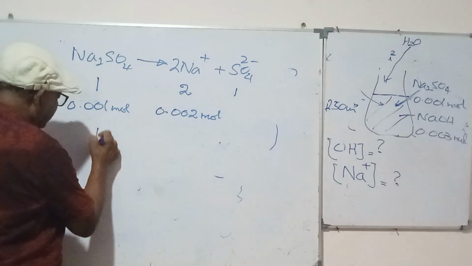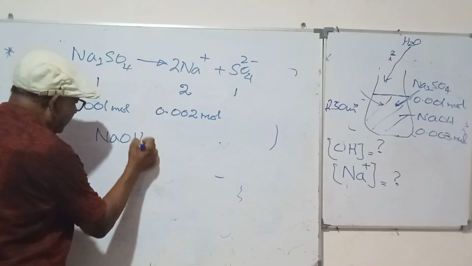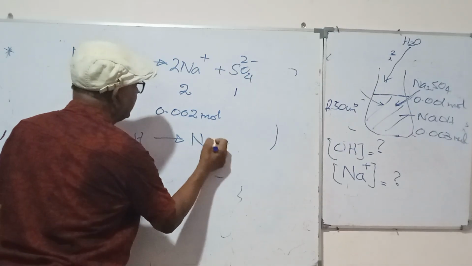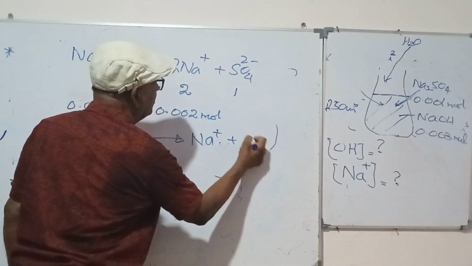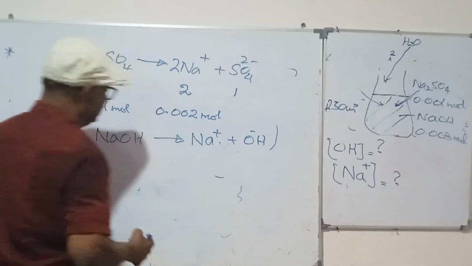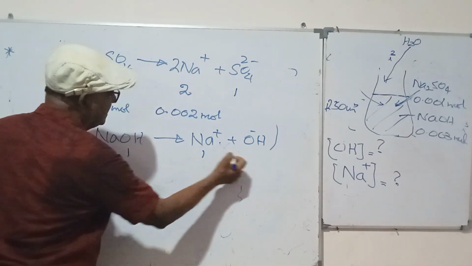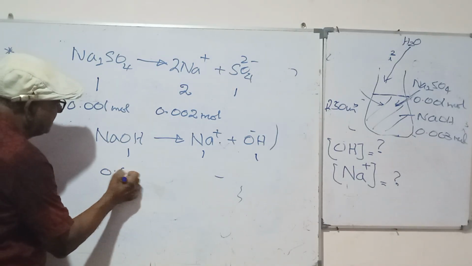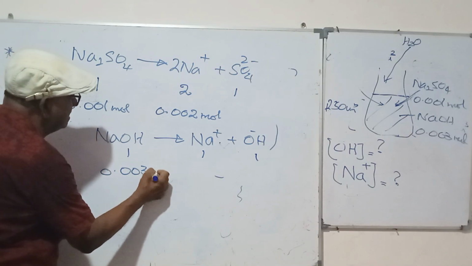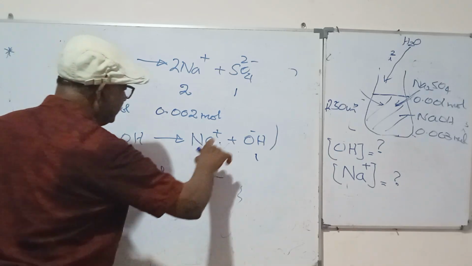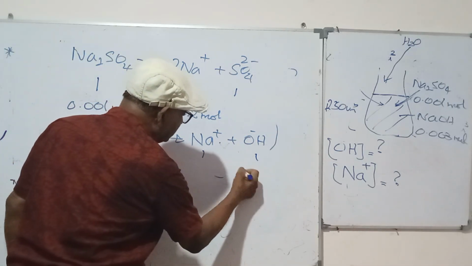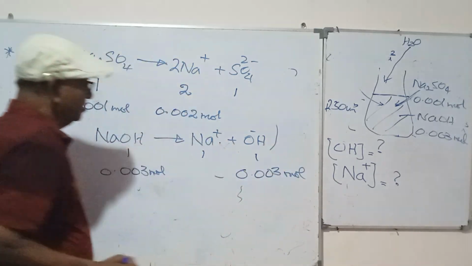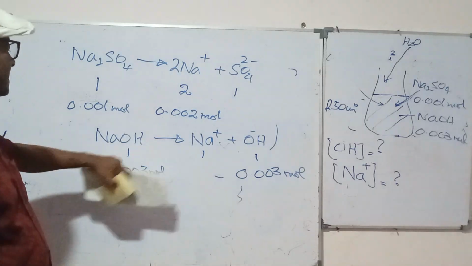Then NaOH also remained. It ionizes to give Na plus and OH minus. 1 mole gives 1 and 1. How much remains? 0.003 mole. Then how many OH minus are also formed? 0.003, because ionization occurs 1:1.